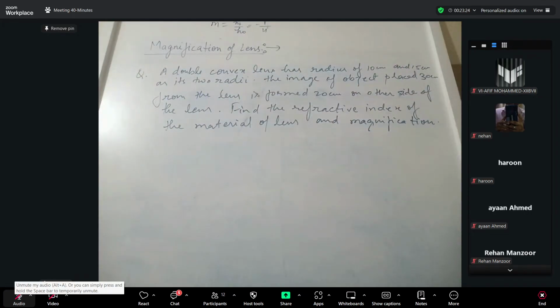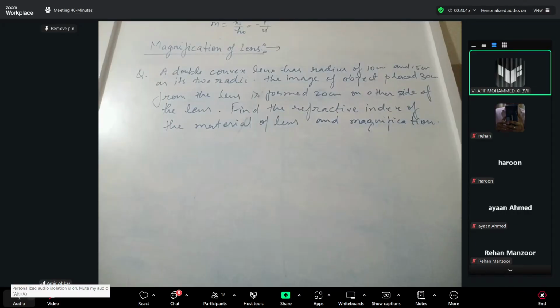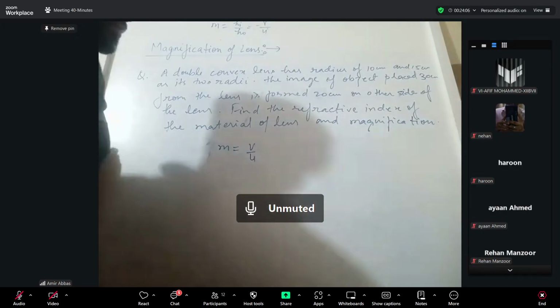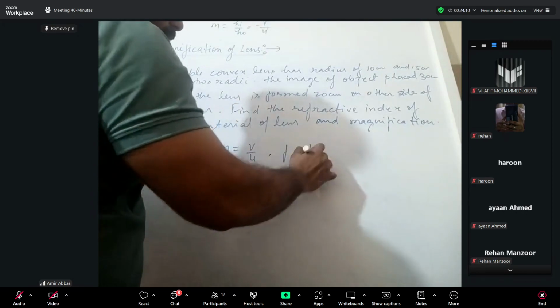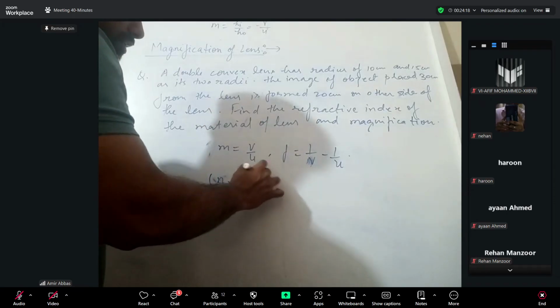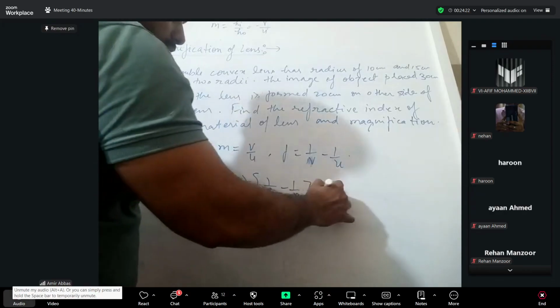Done, beta? Have you done or not? Here we can find F, M in terms of V and U, F by using this formula in terms of V and U. And for refractive index there is 1 by F equals N minus 1 into 1 upon R1 minus 1 upon R2.